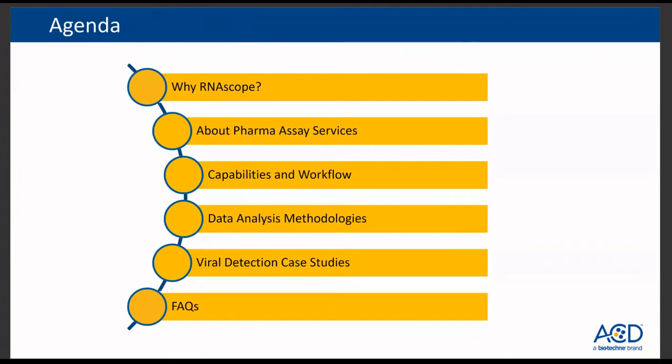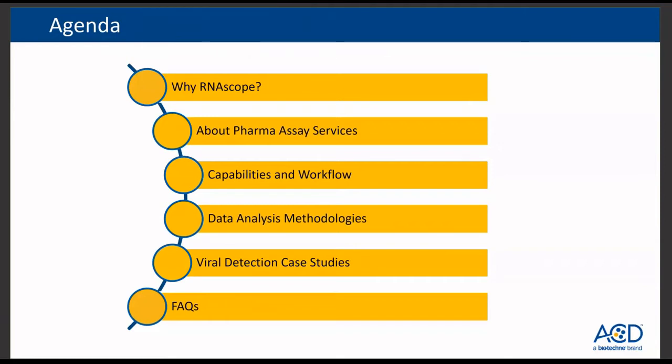This webinar, as you can see based on the agenda, will introduce our RNAscope and BaseScope in situ hybridization services, our capabilities and workflows, and use of our quality control tissue bank for target validation as well.